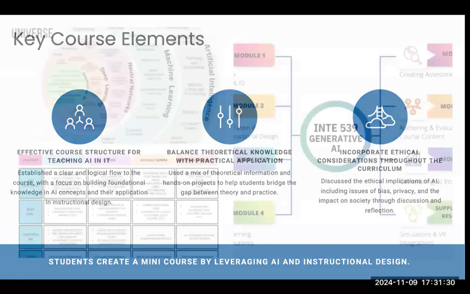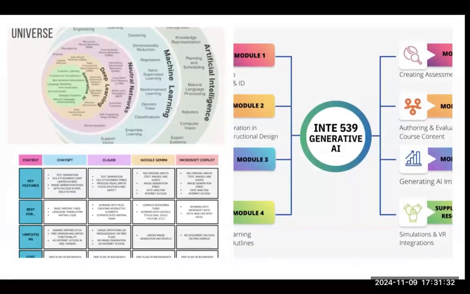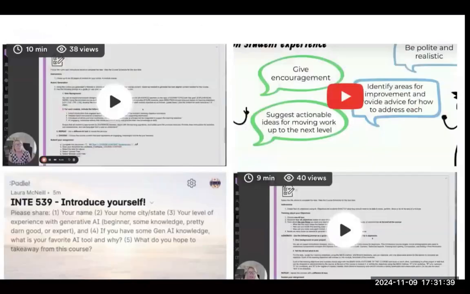So here are some of the screenshots in the online course, of what students will see, and of their projects in the course. And the culminating project requires students to create their own mini course using AI tools.